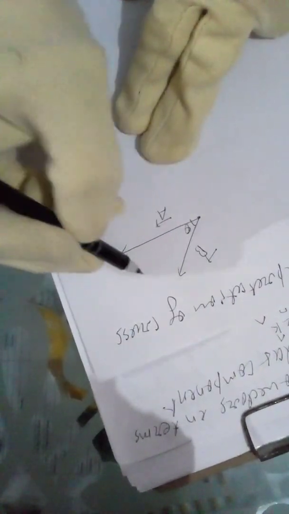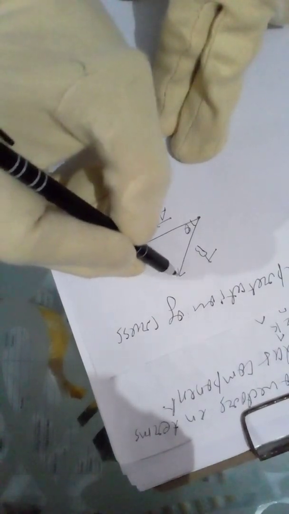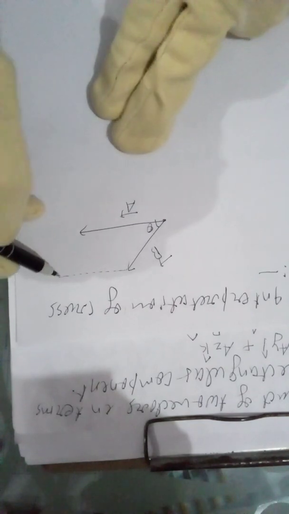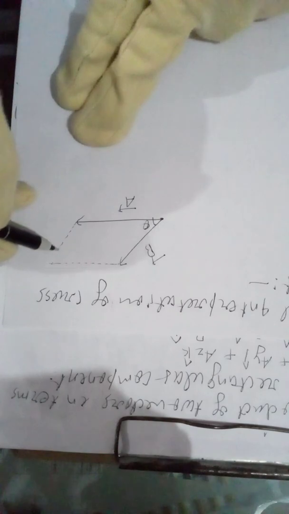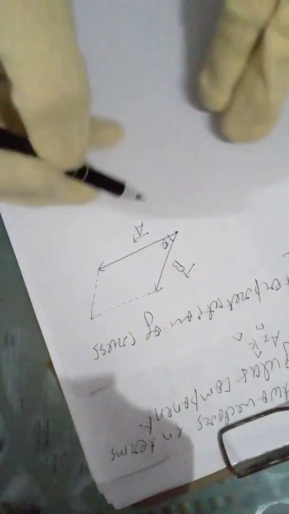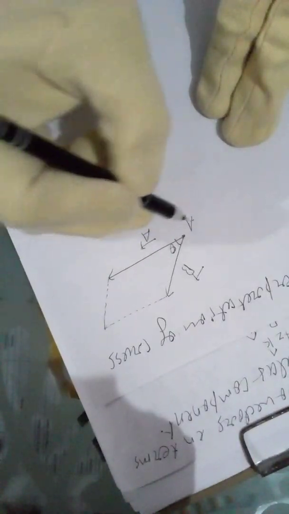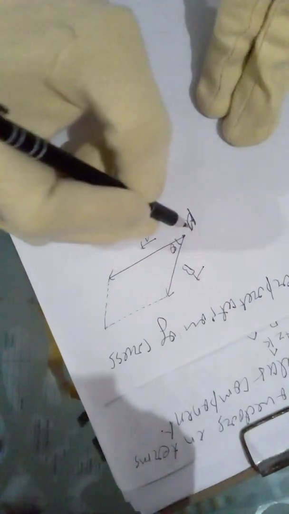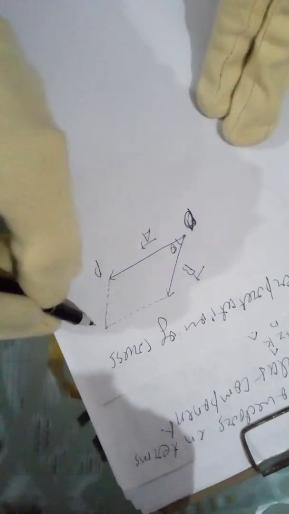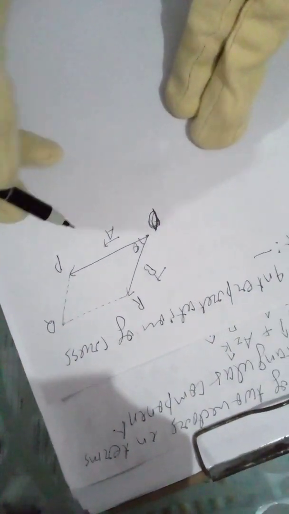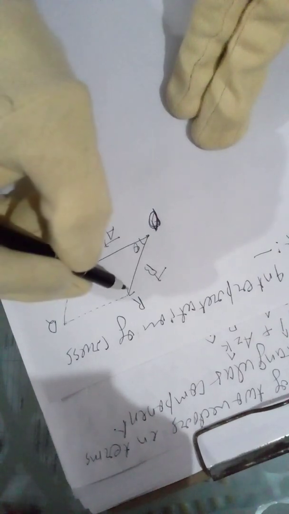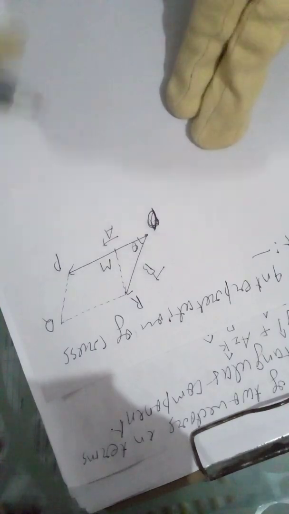Complete the parallelogram having side length equal to the magnitude of vector A and side length equal to the magnitude of vector B. Suppose OPQR is the parallelogram. Draw the normal from R on A. So the normal from R on A is RM.